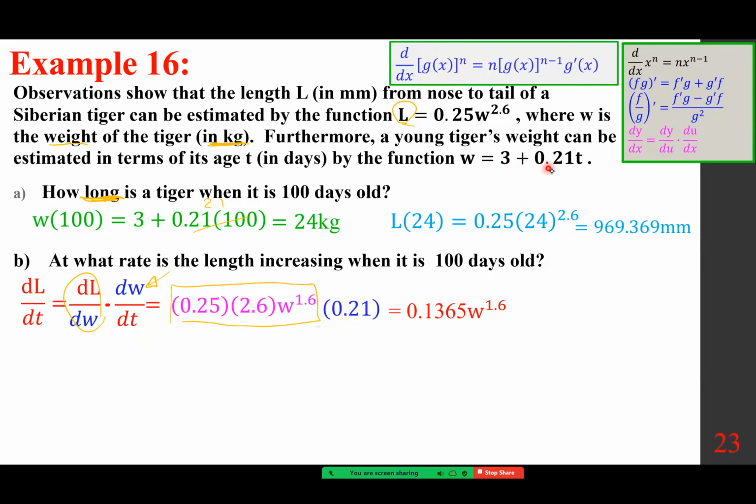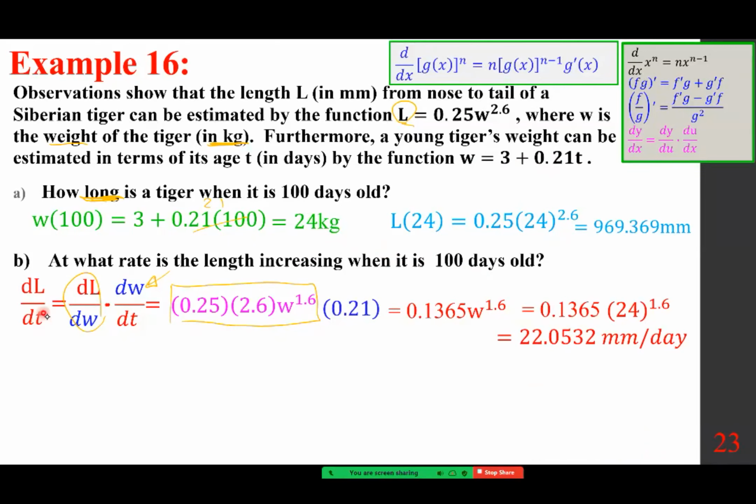However, since they are asking for an answer in this case, just replace the W with, after 100 days, the weight is what? 24. Make sure you know which number to use. You use 24 here. Put it into a calculator, gives you the answer, and the units, dL/dt, units of the length over the units of time, 20.0532 millimeters per day, and whatever the number of decimals they asked you. This is the final answer.